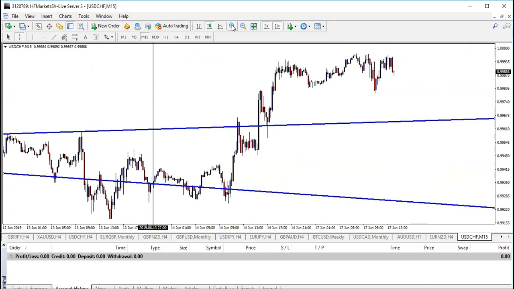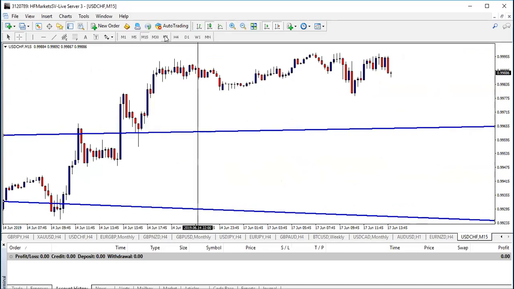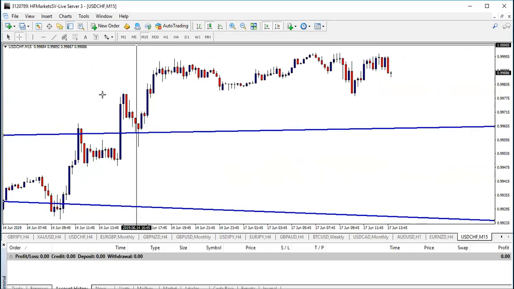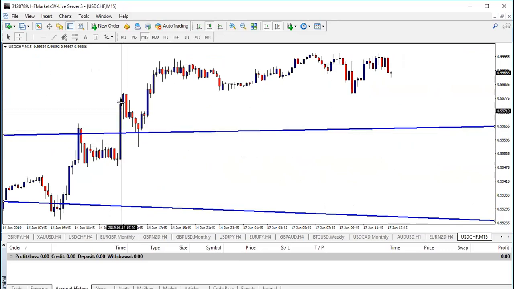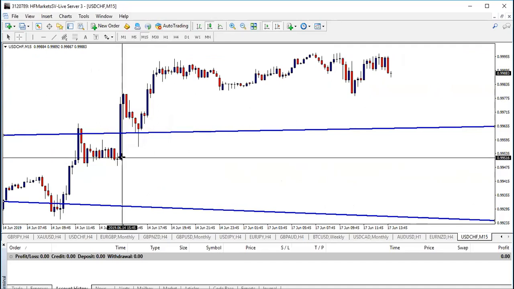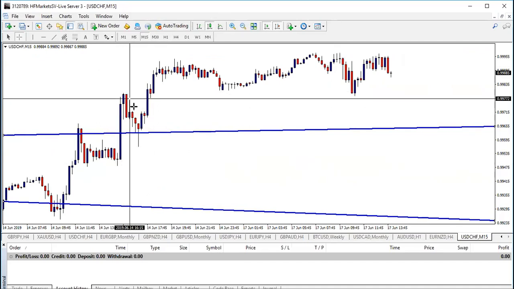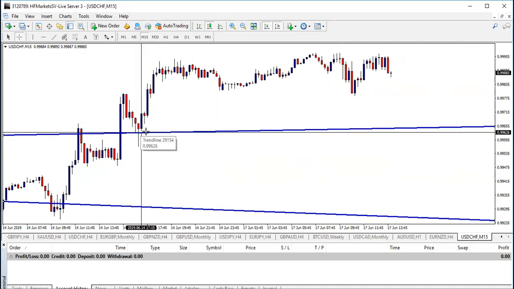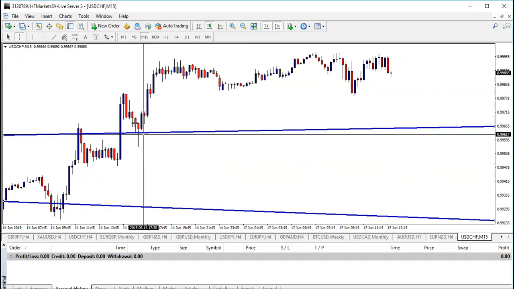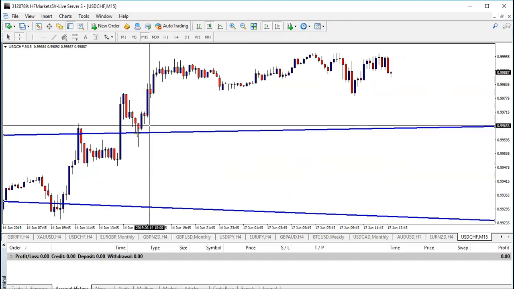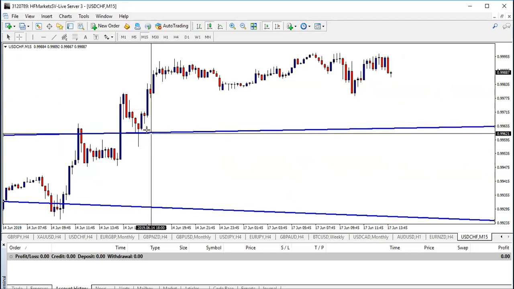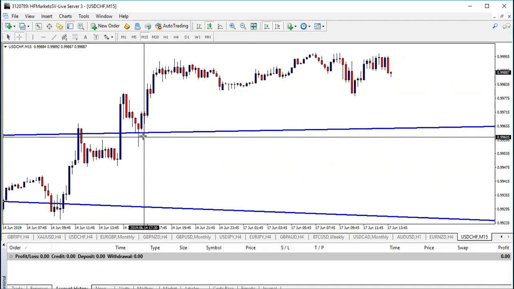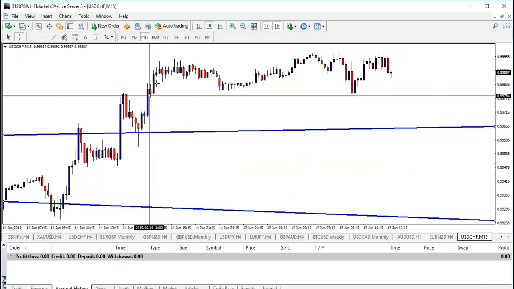Okay, let's look at the same chart on M15 now, each candlestick here depicting 15 minutes. We're able to see a proper retest. That is, we had the breakout, and then we had the price being reversed, but all the candlesticks forming never closed below the trend line, right? And then you have these reversals happening.